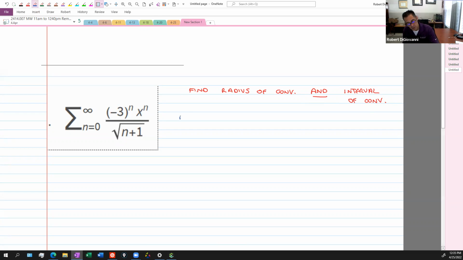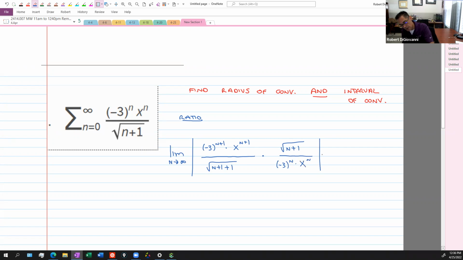When I do the ratio test, I need the limit as n goes to infinity. I'm going to replace everything with n plus 1, (-3)^(n+1) times x^(n+1) over the square root of n plus 1, times the square root of n over (-3)^n times x^n. I want that to be less than 1.